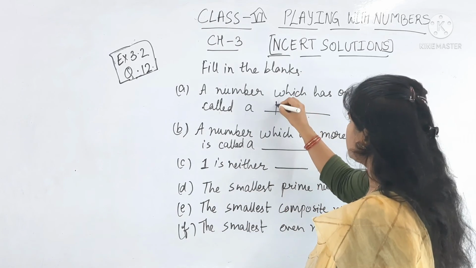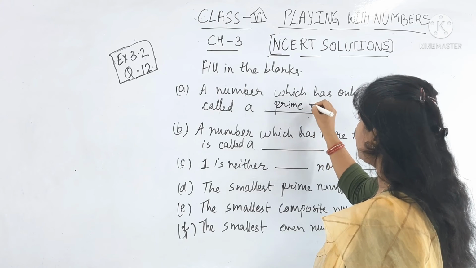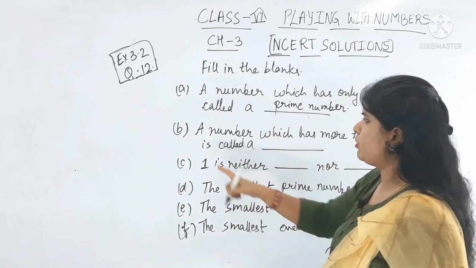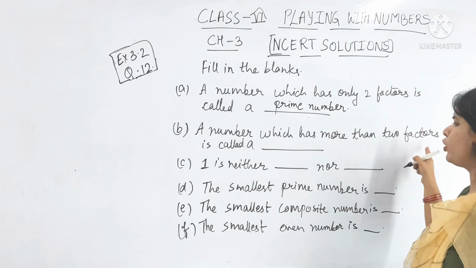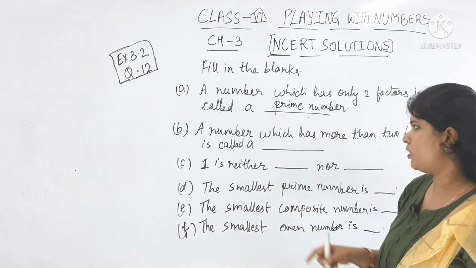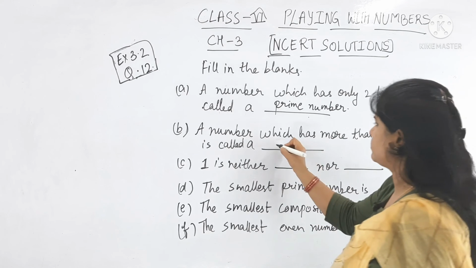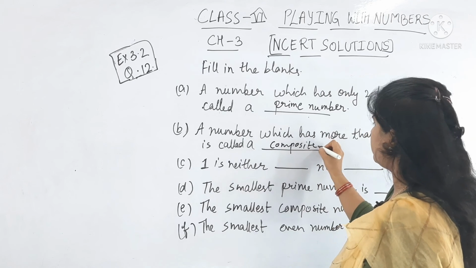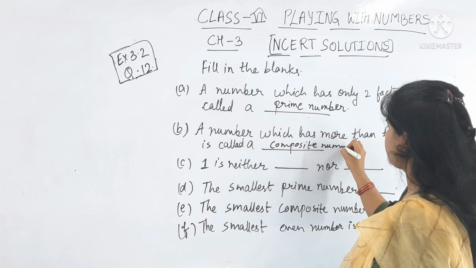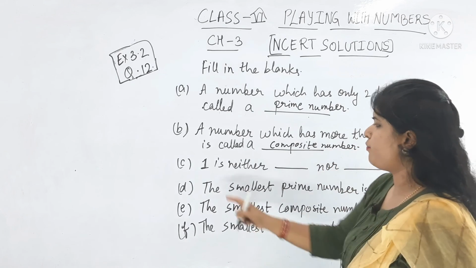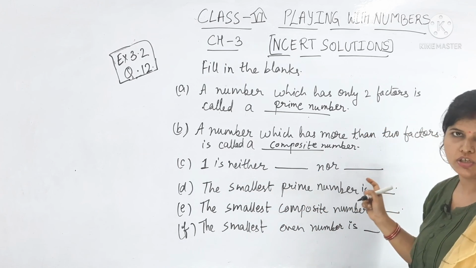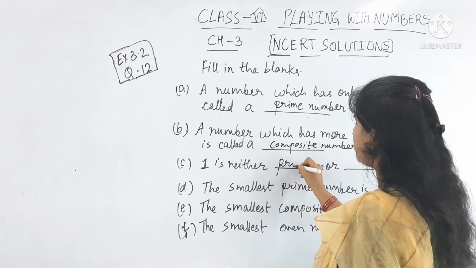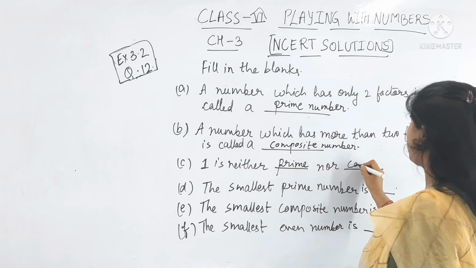B: a number which has more than 2 factors is called a composite number. C: 1 is neither prime nor composite.